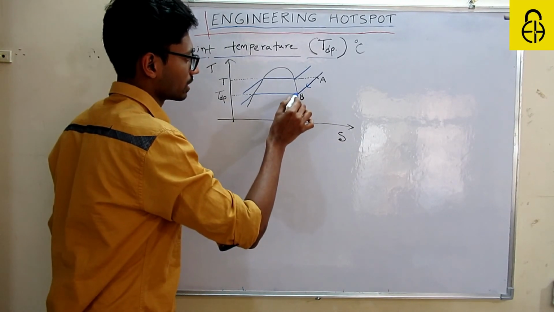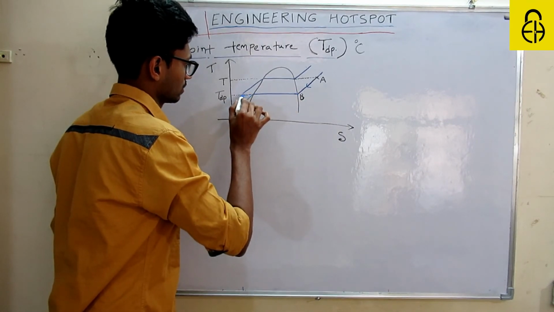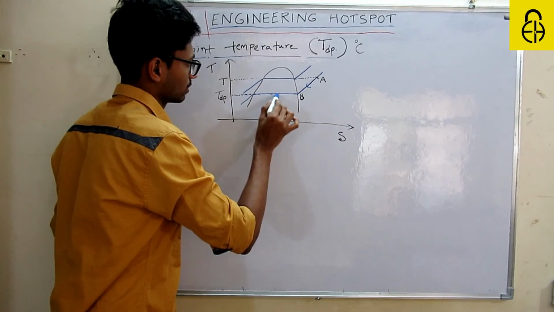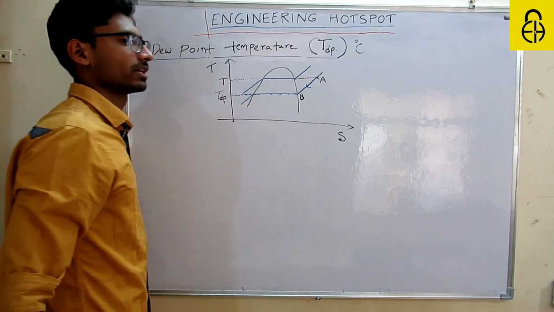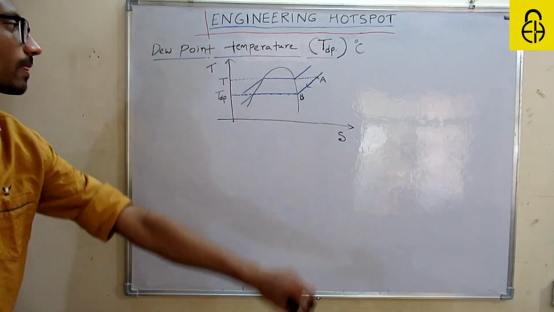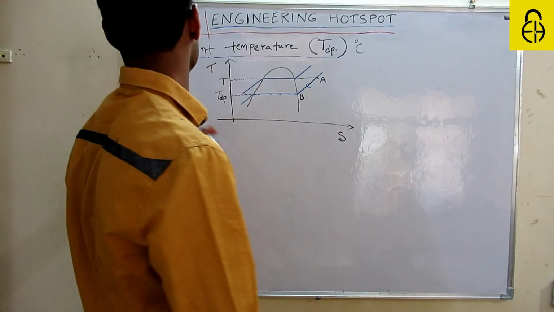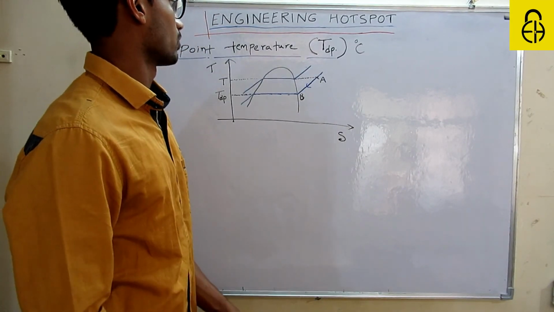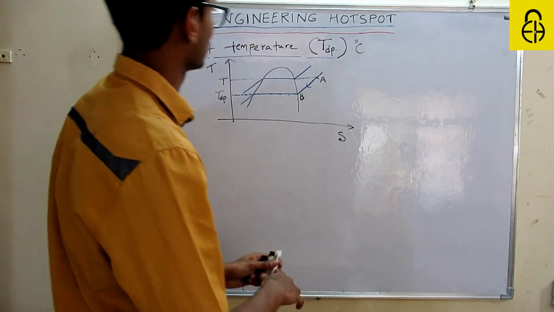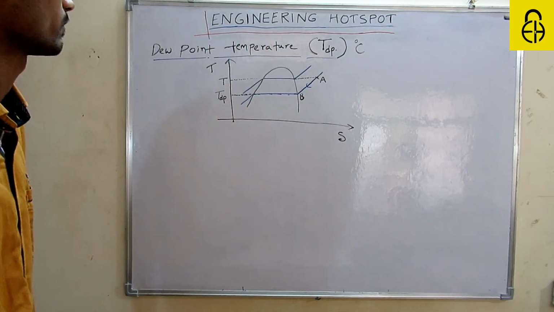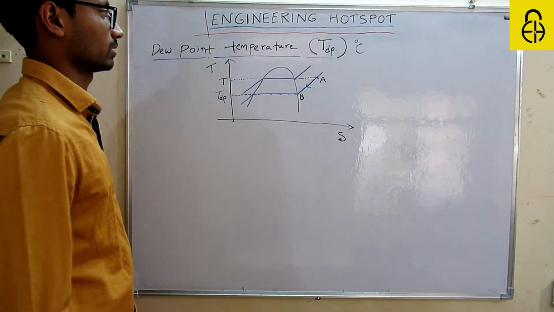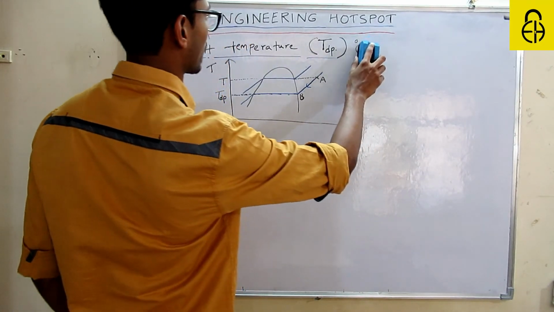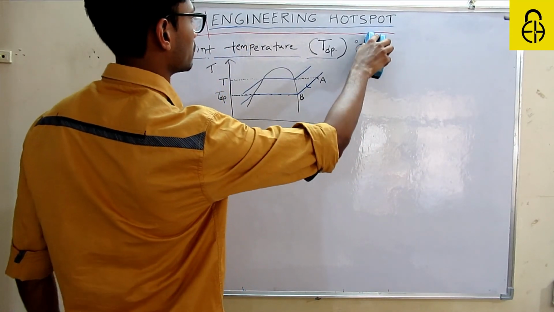So this temperature is called dew point temperature. This is the basic definition for dew point temperature. This is also a property of the mixture that we need to calculate or determine from the psychrometric study.